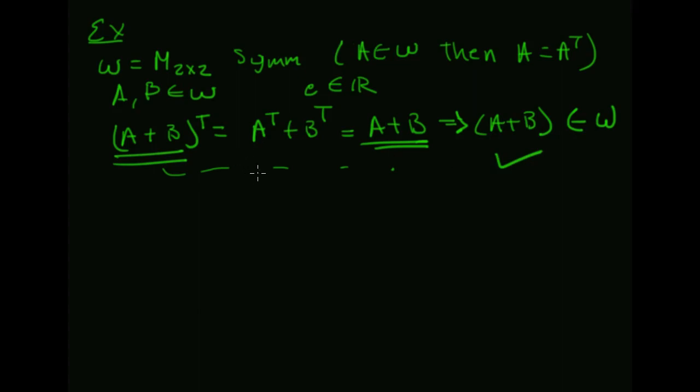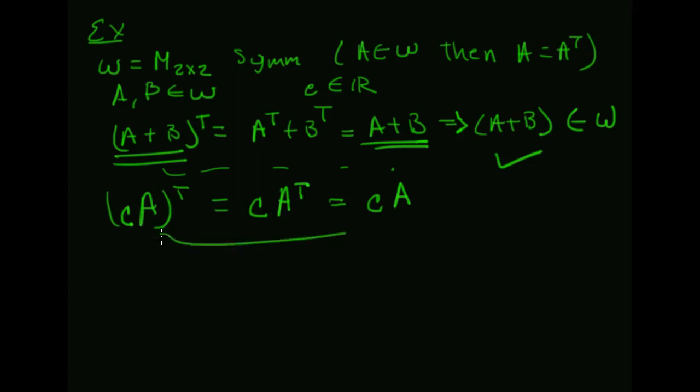That's good. Now I have to show closed under scalar multiplication. So what happens if I take the scalar C times A, and I transpose that? Well, that gives me C times A transpose, which is equal to C times A, because A is symmetric, which means that I took the transpose and got it back, which means that CA is also in W. So I am closed under scalar multiplication.